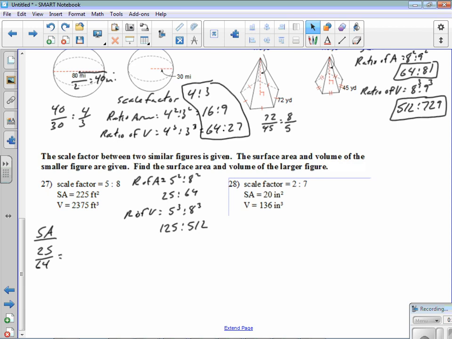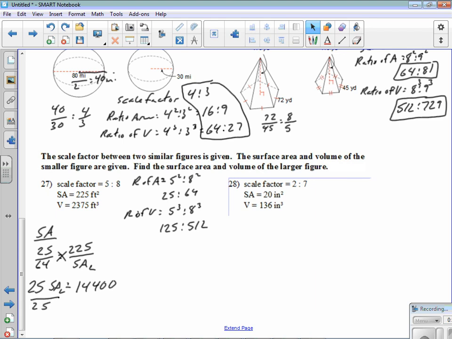That's going to be equal to the surface area 225 that they gave us over the surface area of the larger figure. Cross multiply 25 times the surface area of the large figure. It's going to equal 64 times 225, 14,400.